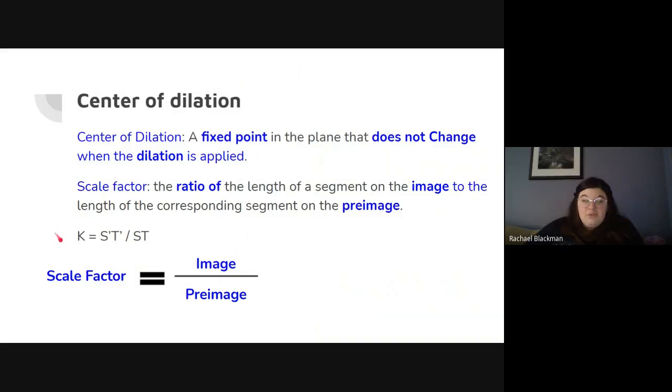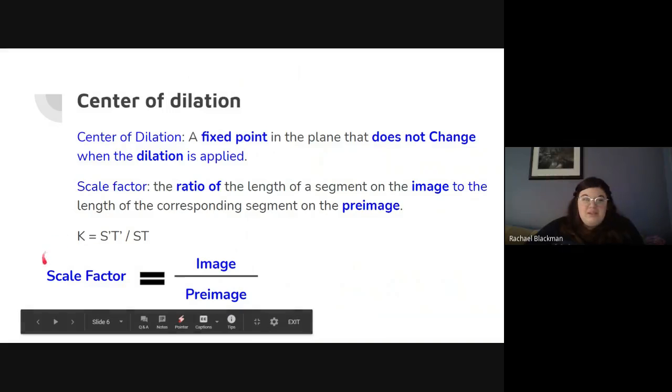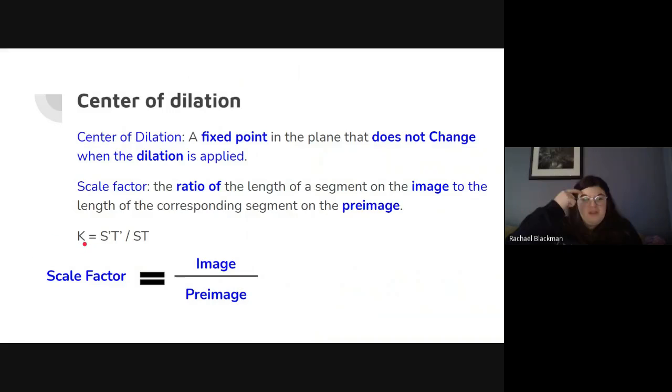Let's look at an example here. I've got 2 different ways that you could think about this. So usually with our coordinate rules, our scale factor is just going to be a general parameter. We're going to call it k. All right. So we can see that k, our scale factor, is this ratio between, let's say we had a segment ST. So you see how S prime and T prime are in the numerator of this ratio.